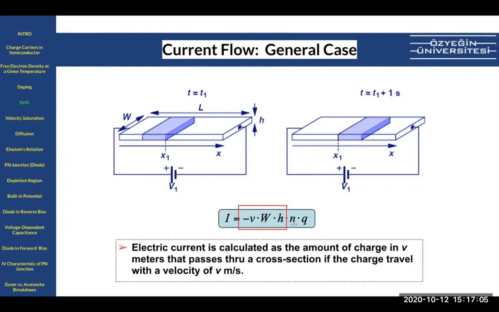Then we multiply it with the total charge flowing in that system, which is the number of electrons times Q, how much charge an electron has in coulombs. That's how we calculate the electric current in terms of charge. Do you have any questions?